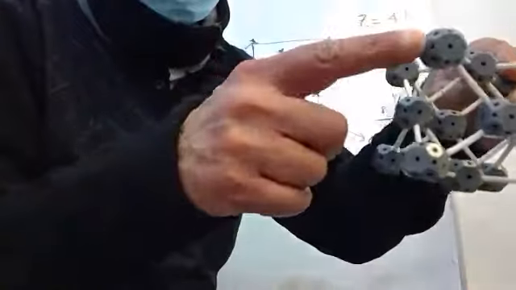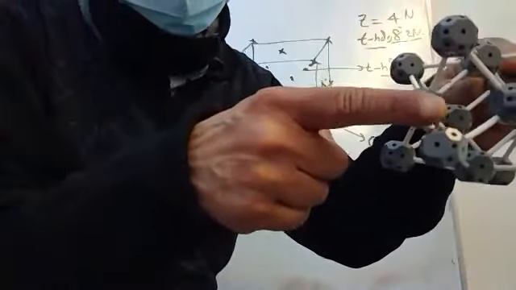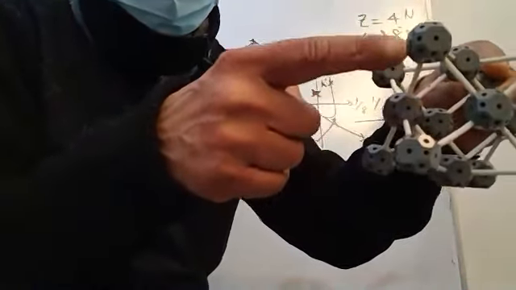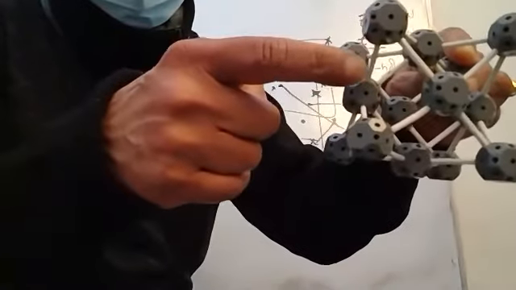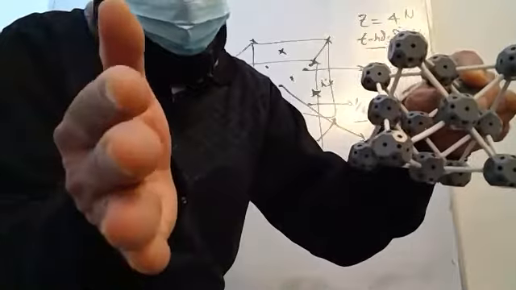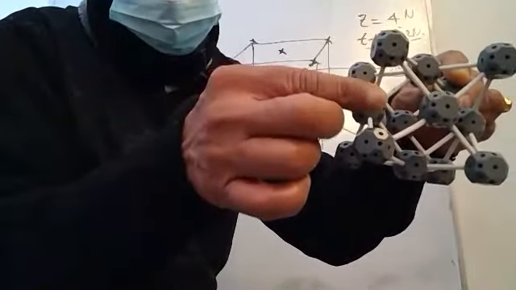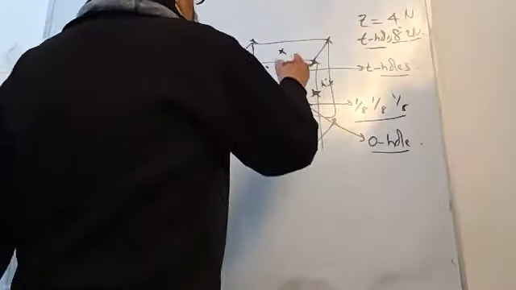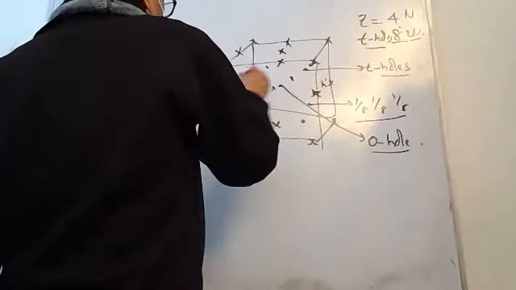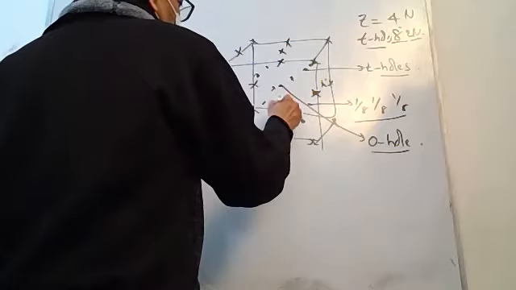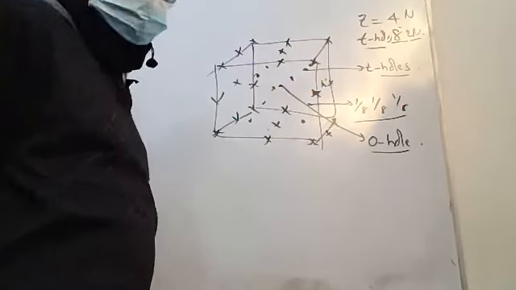If you look at the face-centered cube structure and the center of the edge, you can see this center looks like half an octahedron, and the next cube will have the other half of the octahedron. So that center is also an octahedral hole. So I will have 1, 2, 3, 4, 5, 6, 7, 8, 9, 10, 11, 12 sites.